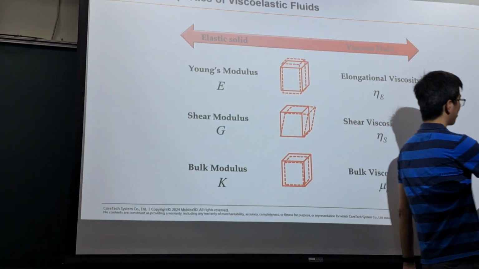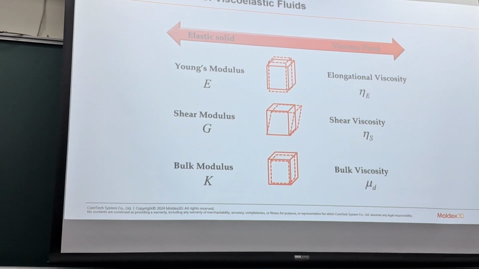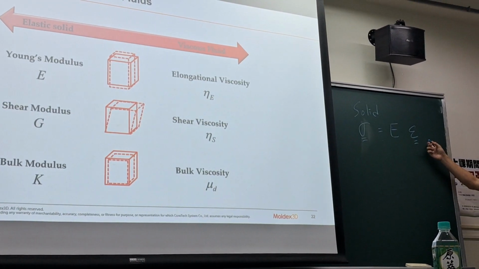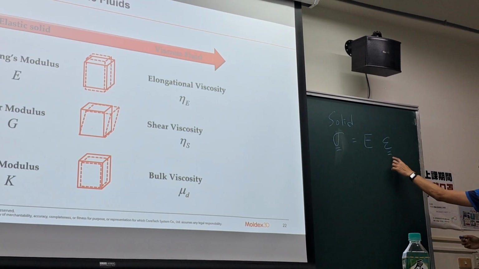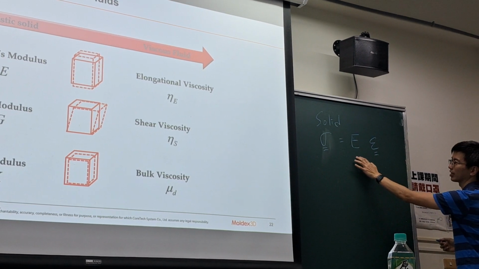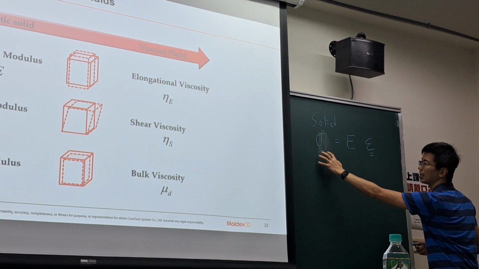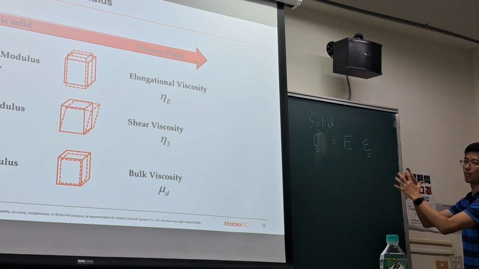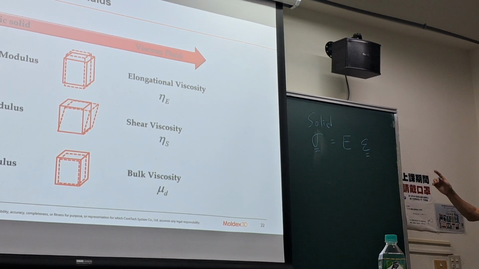And this is the model, we call this the constitutive model: the strain times modulus gives a stress. And this stress, you can have a balance. So this is the idea.